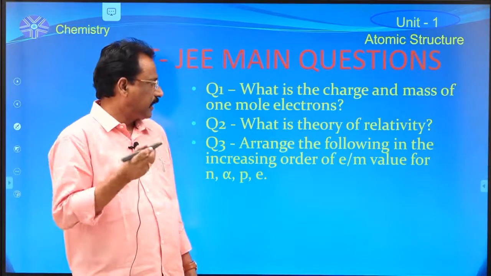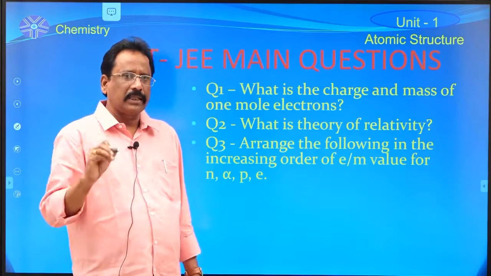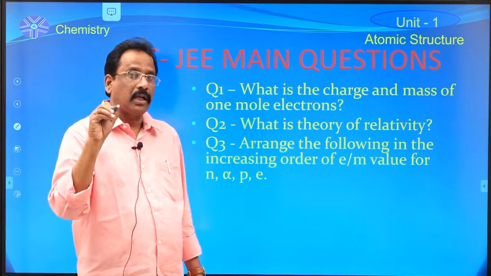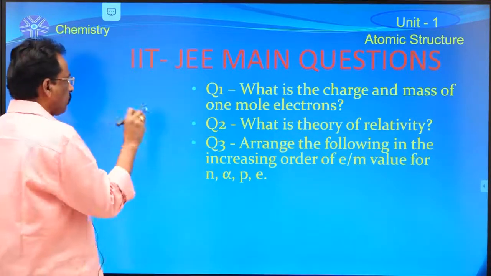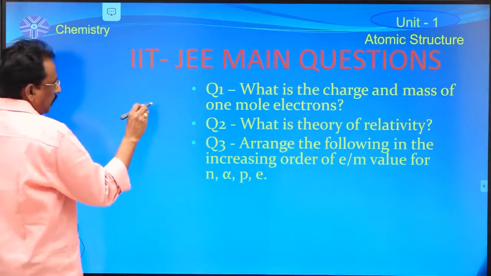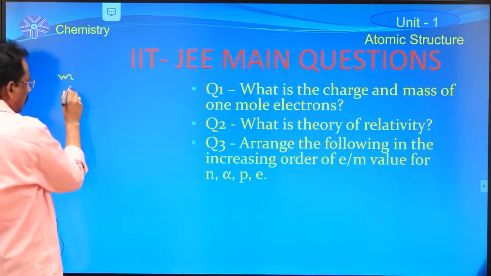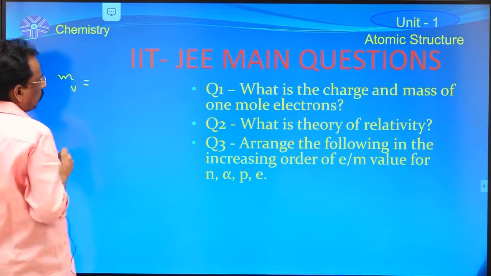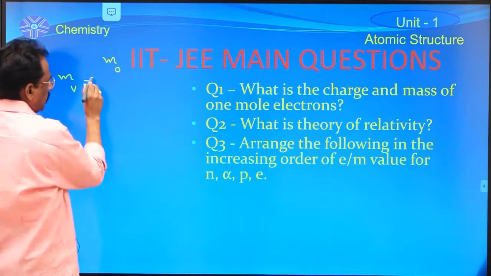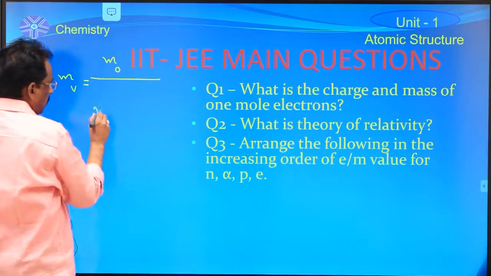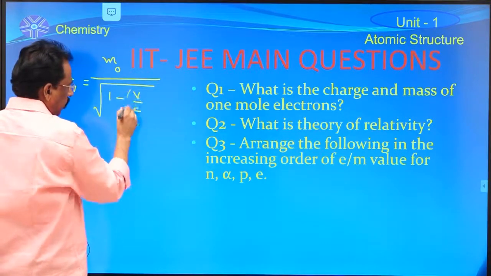Theory of relativity explains when the speed of the electron increases, the specific charge of the electron will decrease. That can be explained by using this expression. According to theory of relativity, mass of the electron with velocity v is equal to mass of the electron at rest position whole divided by square root of 1 minus v by c whole square.